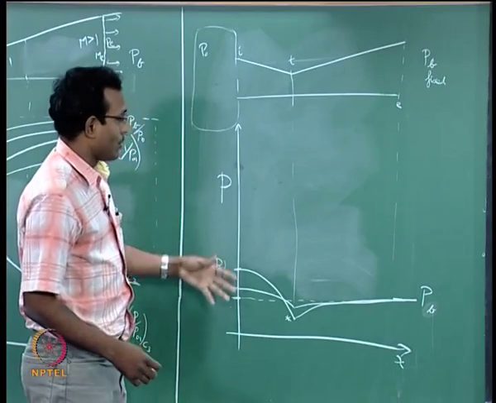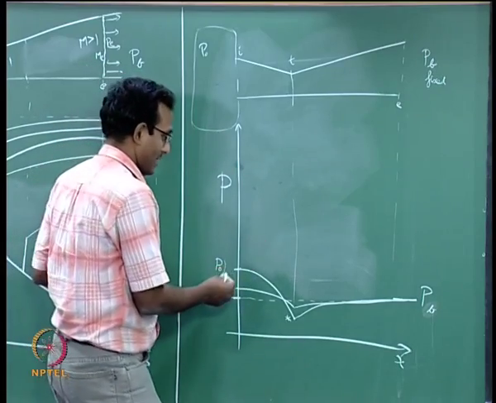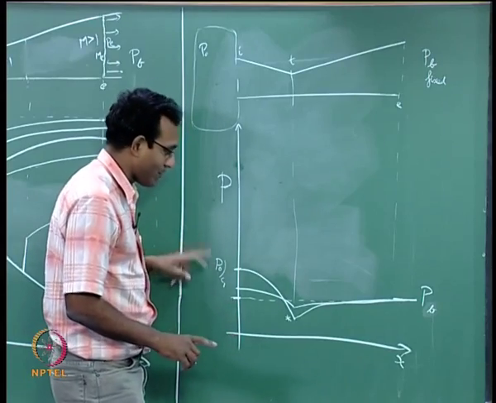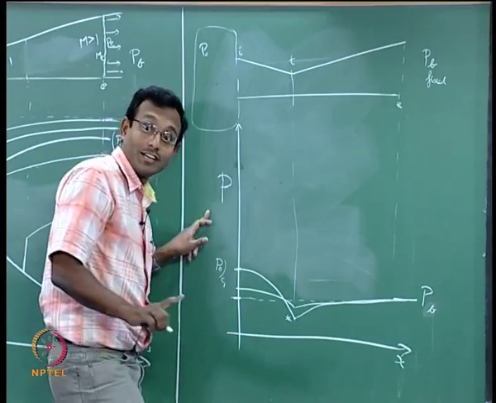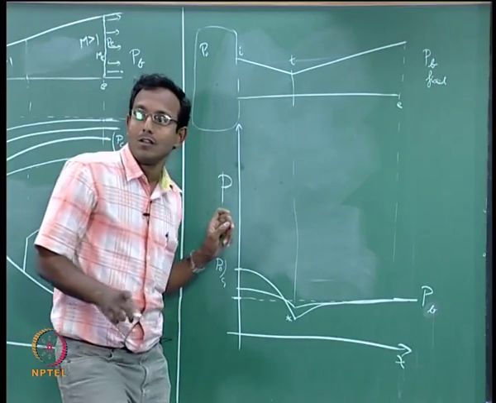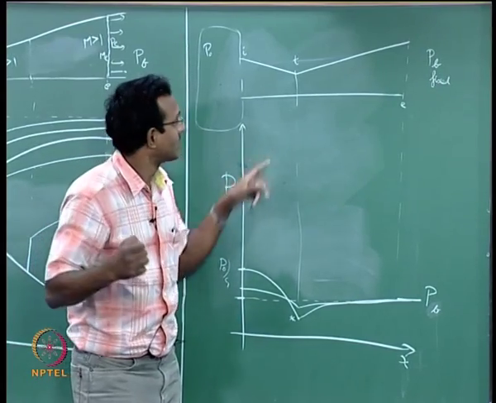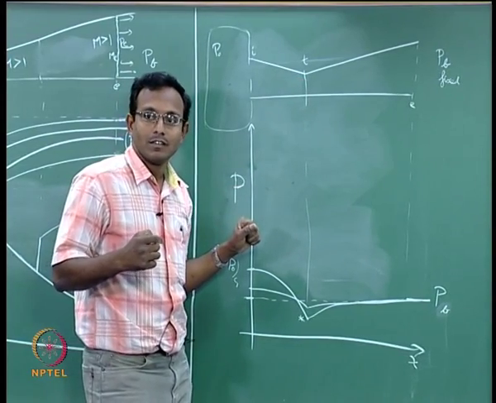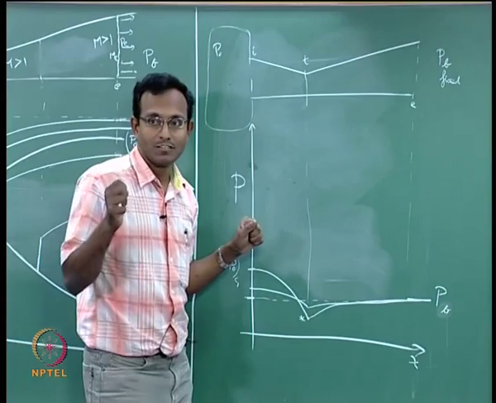Now, of course, I can keep on doing this further, but there is one more thing I want to talk about. If I increase P naught any further, the choked condition remains choked. What happens to the P star, the pressure at the throat? Will it be the same?